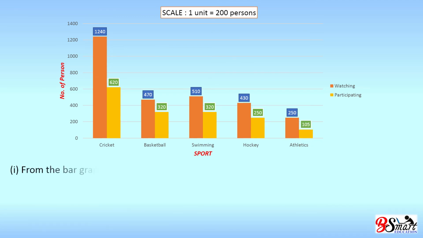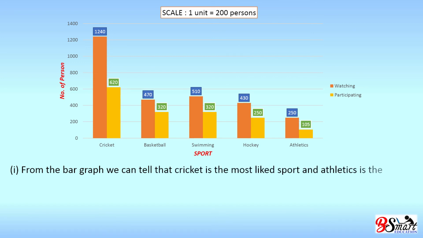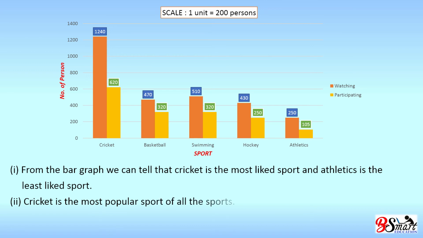From the bar graph, we can tell that cricket is the most liked sports and athletics is the least liked sports. Answer 2. Cricket is the most popular sports of all the sports. Next answer. Watching sports is more preferred than participating.